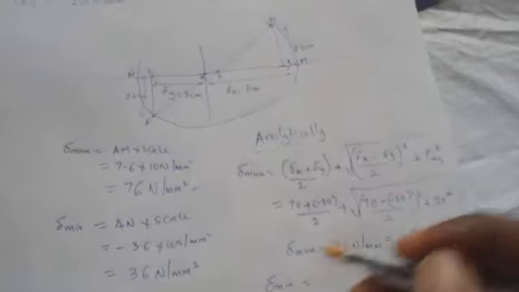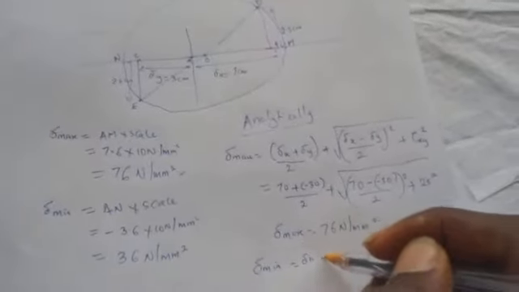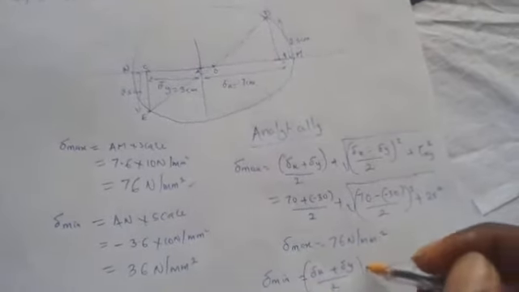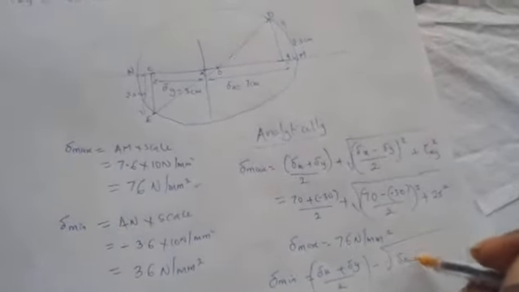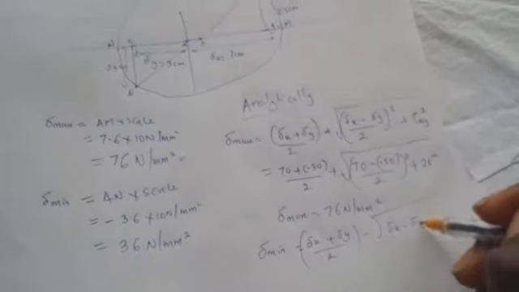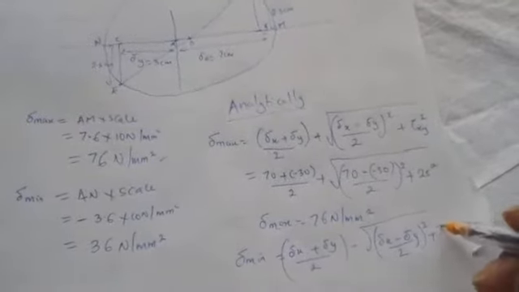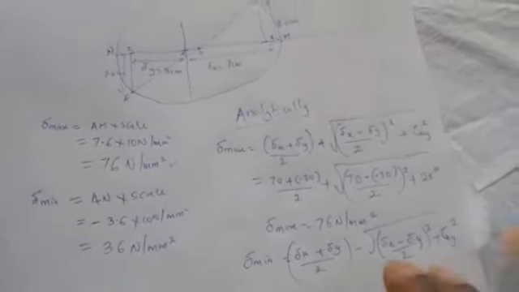Likewise for my sigma minimum, the formula is the same, only that the positive sign changes to negative. So I have sigma x plus sigma y over 2, minus the square root of (sigma x minus sigma y over 2) all squared, plus tau squared.